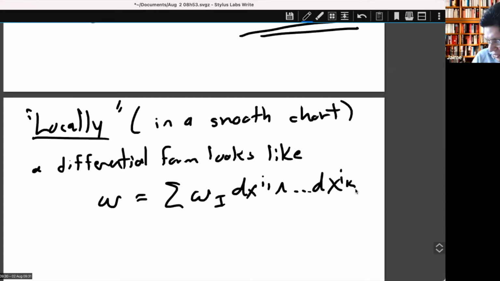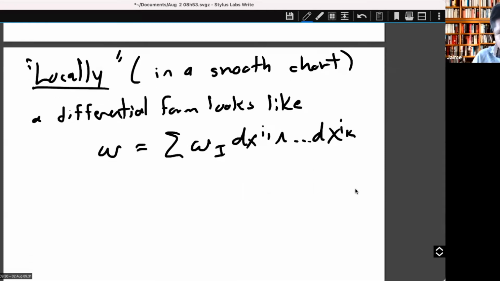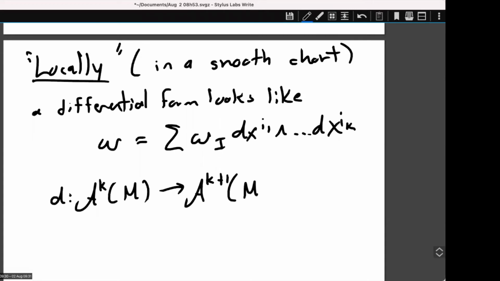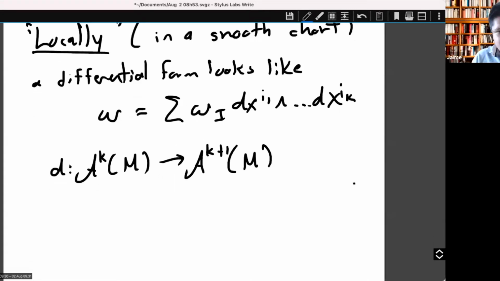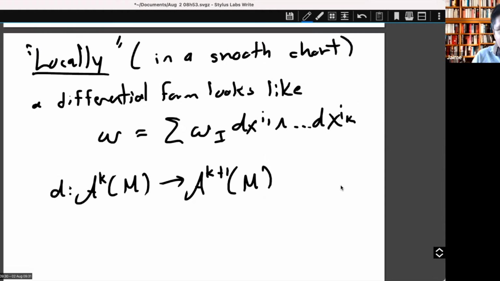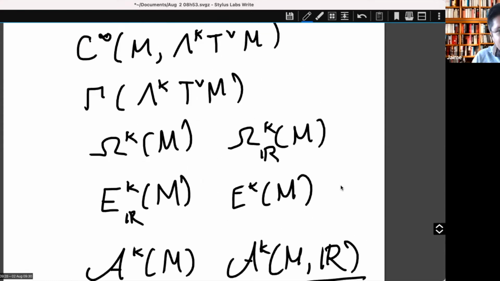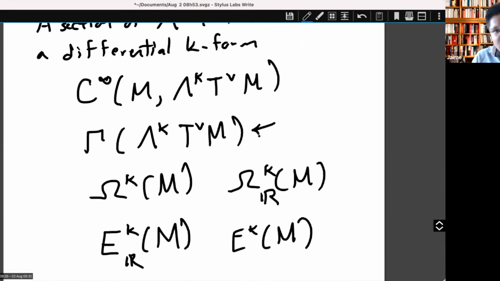Whenever you have a differential form in this way, you can differentiate. Again, you can change here the M for any open subset of M, so instead of taking global sections, you take sections in an open set. That's why in all these notations above, the M is always emphasized, except in this one.